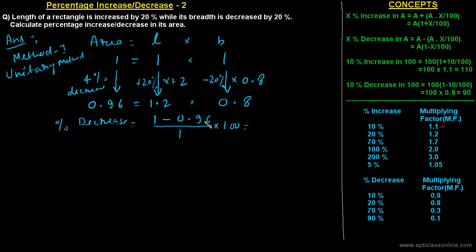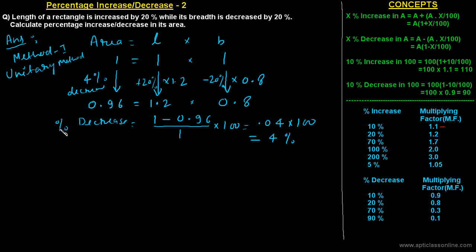That is 1 minus 0.96 is 0.04, into 100, that is 4%. So the percentage decrease in area is 4%, which we have seen just by looking at this value.